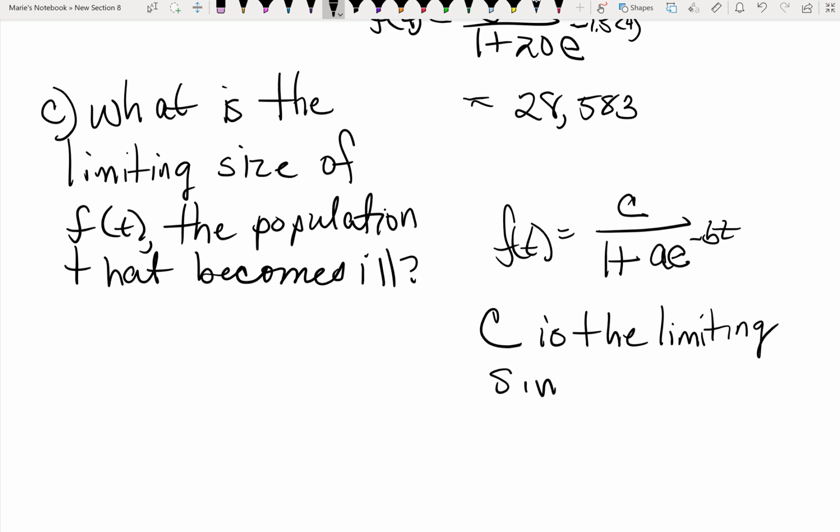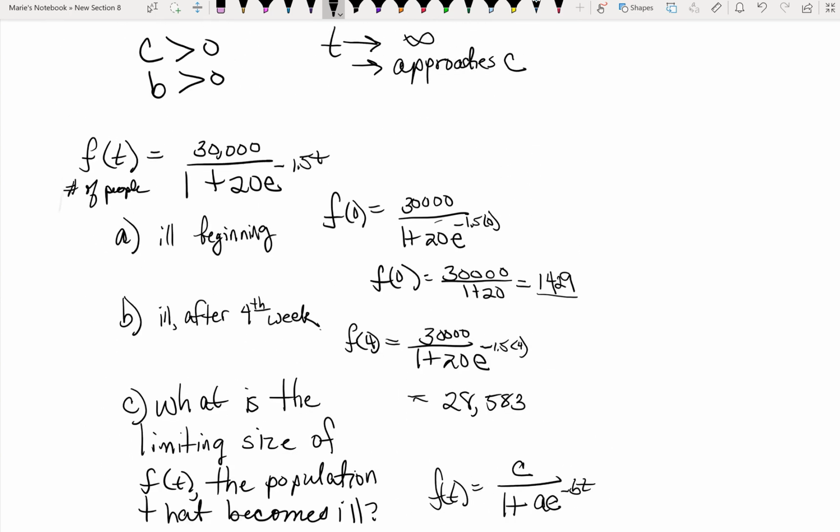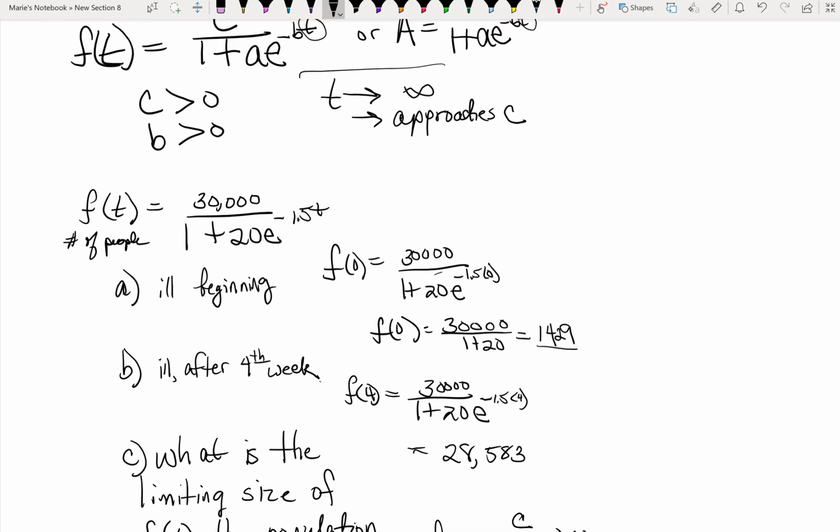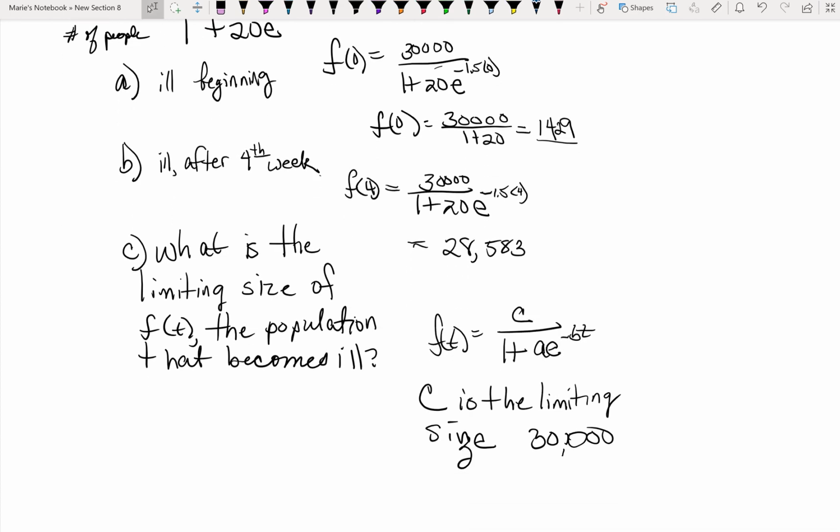In our equation, 30,000 is our limiting size. Okay, remember what they said to you here at the beginning. As t approaches infinity, then our equation approaches c, because this becomes so unbelievably tiny that c would have to become our value. All right. So that is number 4.